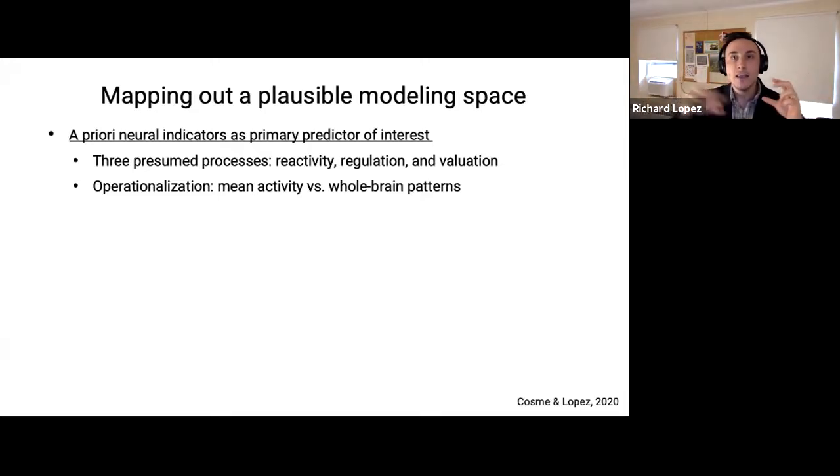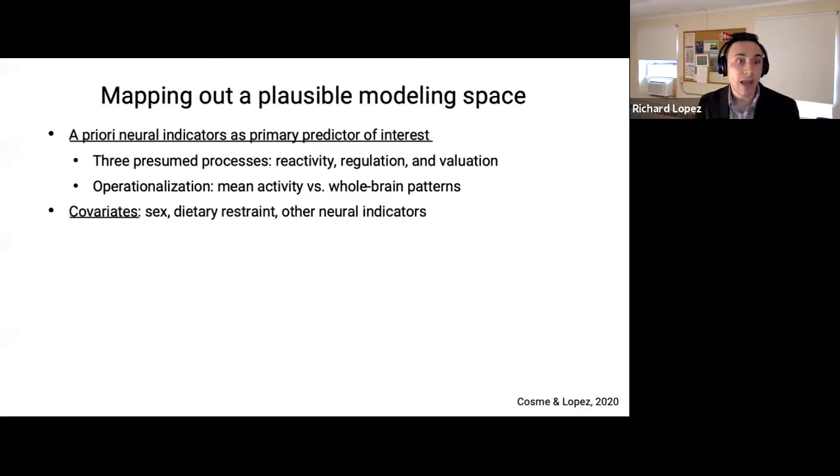So the key level of analysis is not what a particular region is doing, which would be a more modular approach in how we think about brain function, but really it requires a coordination of multiple brain regions, and it's the coordination of those regions as a collective network that's carrying out the psychological process of interest. But we wanted to say, okay, let's look at it both ways. And with specification curve analysis, you can.